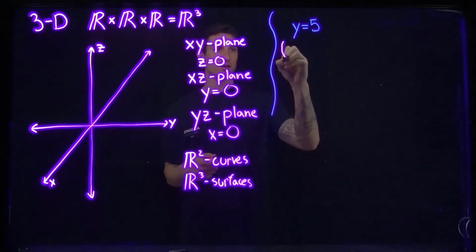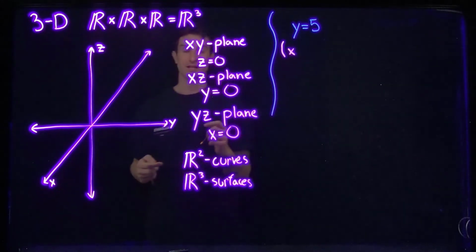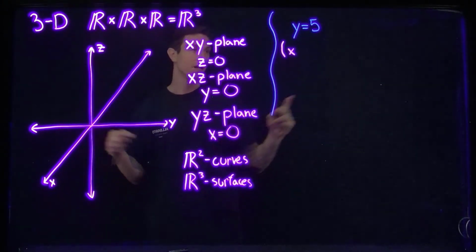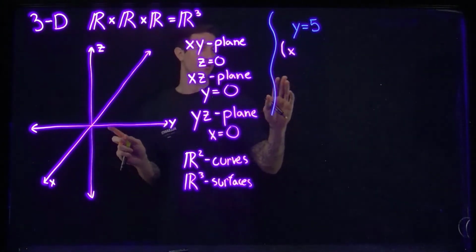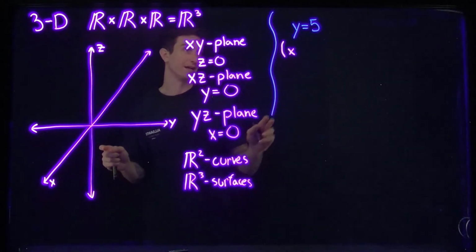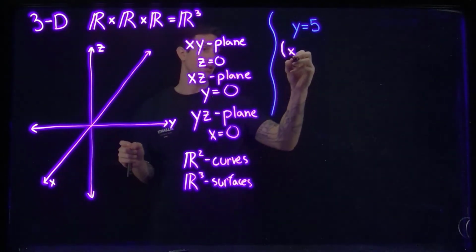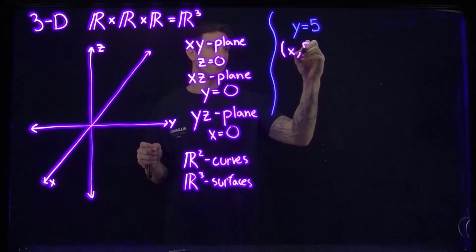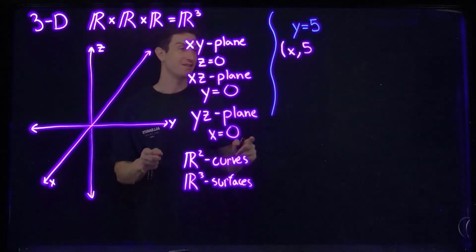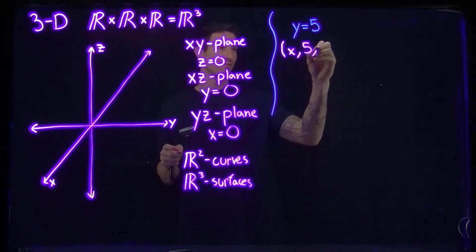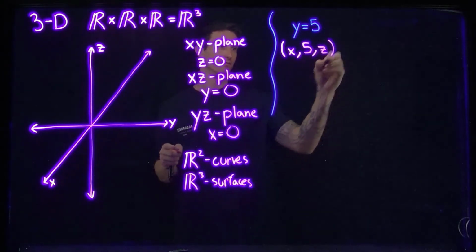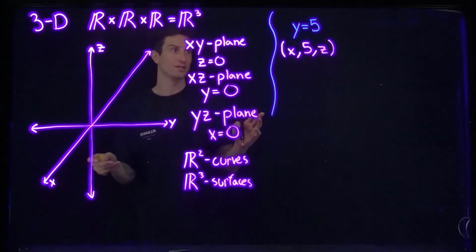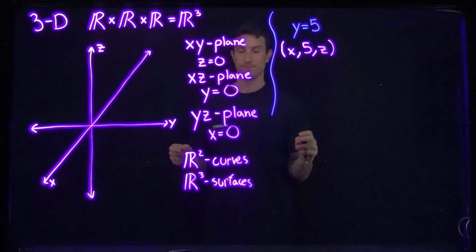Well, my X coordinate can take on what values? Negative infinity to positive infinity. So I have no limitation as to what I can plug in for my X. My Y value, I am constrained to just 5. And my Z values, again, any value that I want.